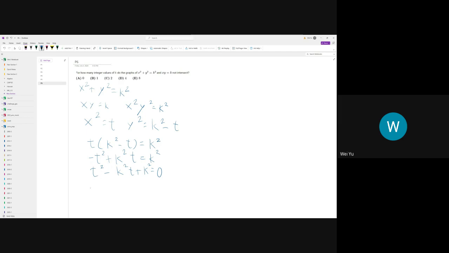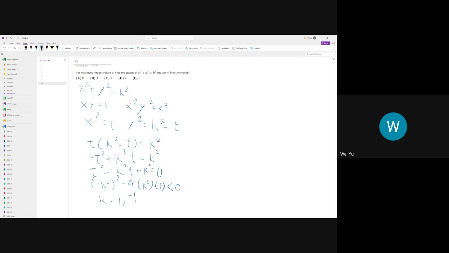So the discriminant is k squared squared minus 4k squared, which is less than 0. It's easy to check that the only values of k for which this is true are 1 and negative 1.